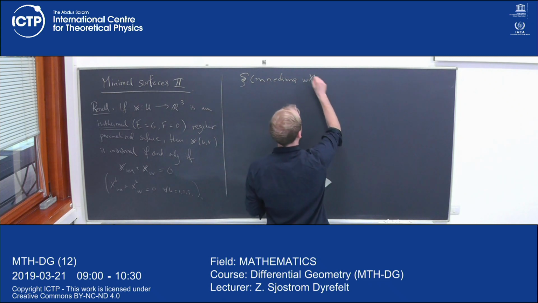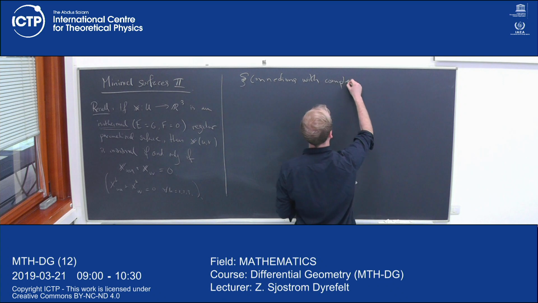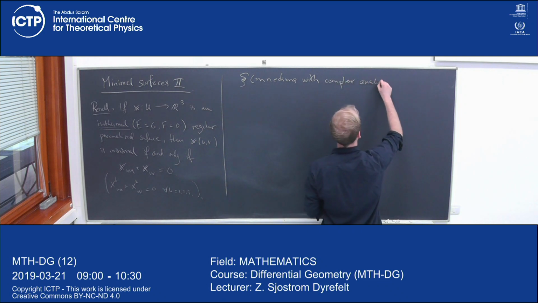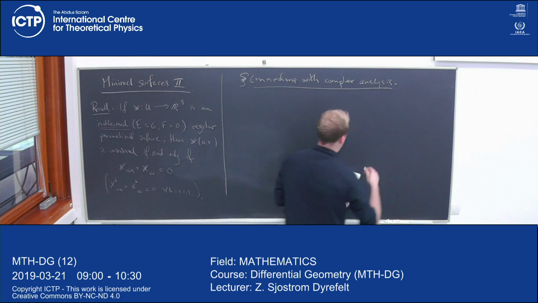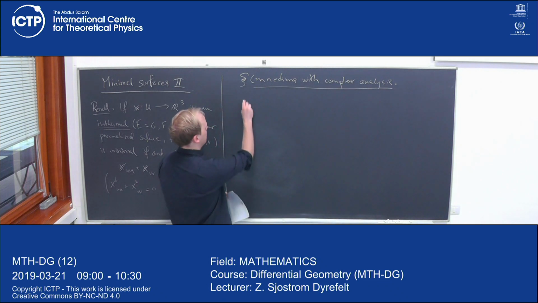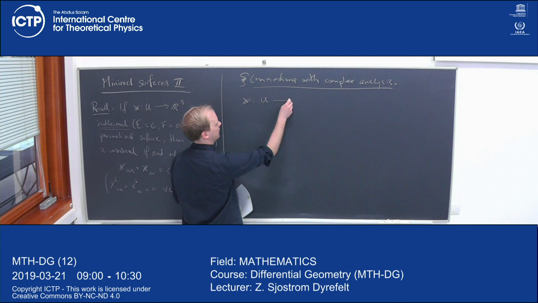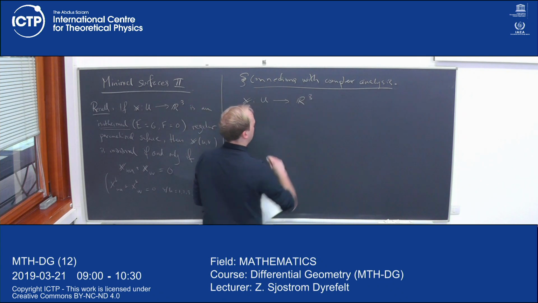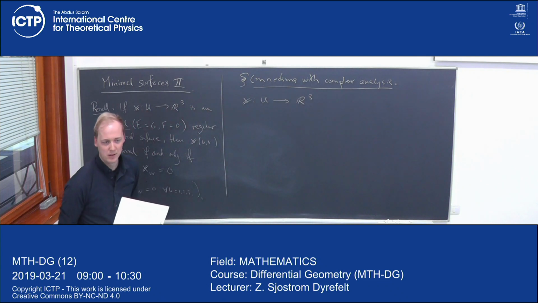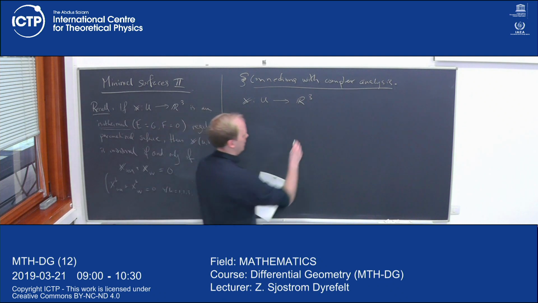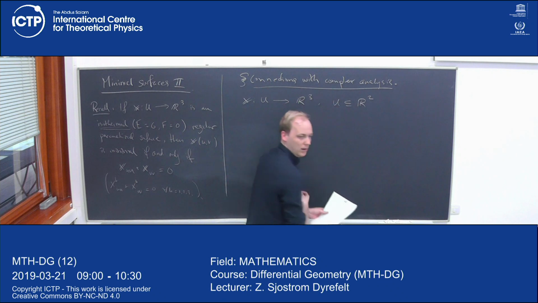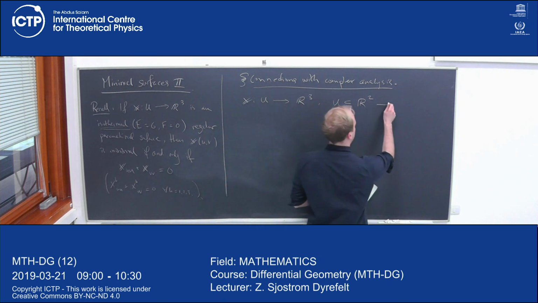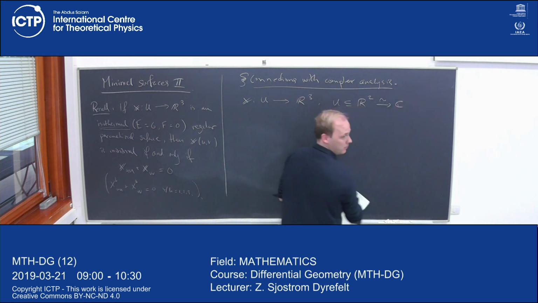So, connections with complex analysis. What we're going to do is this: if we have such a regular parameterized surface, then U is an open set in R2, and we are going to identify this with C in the standard way.